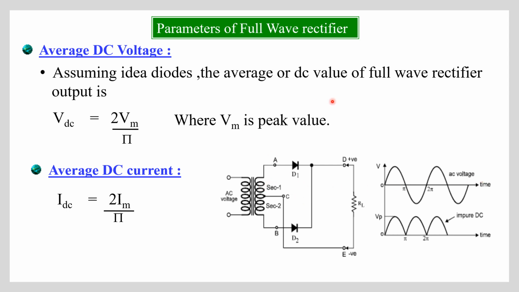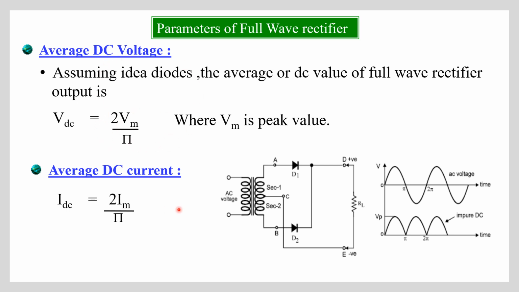So the average or DC value of the full wave rectifier output is VDC equals 2 Vm by pi. Okay, 2 Vm because from 0 to pi as well as pi to 2 pi we are getting the output. So 2 Vm by pi, where Vm is the peak value of the secondary, right? And here we are getting the output waveform for both half cycles. The average value of this full wave rectifier will be more than that of the half wave rectifier.